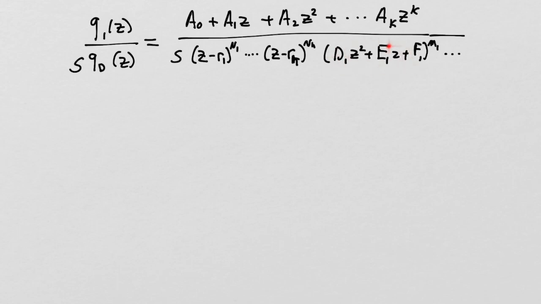And then the conjugate complex root pairs are expressed as factorized quadratics that can't be reduced to real products, and they also have a multiplicity. I didn't write them here, but there's some number of these, say j of them, so there are j terms like this all multiplied out in the denominator. The point is the denominator is fully factored, where the real factors are explicit and the complex factors are still bundled in these quadratics.